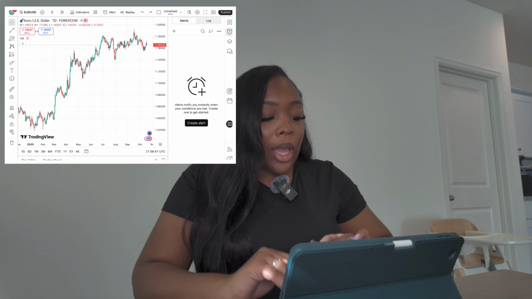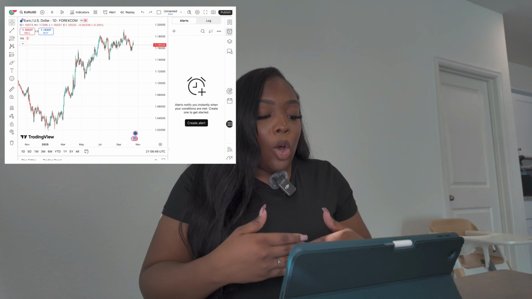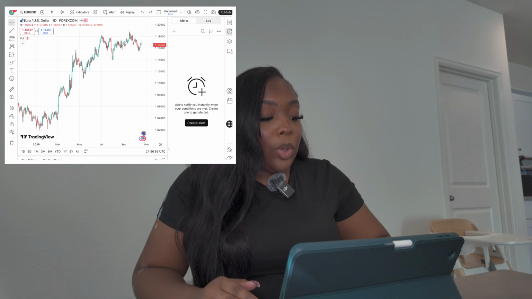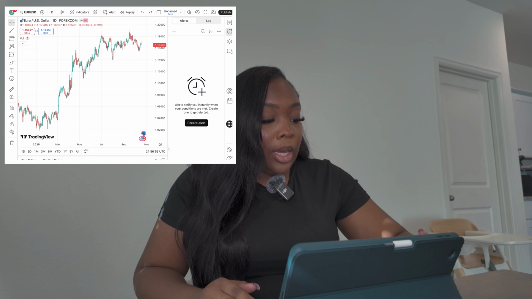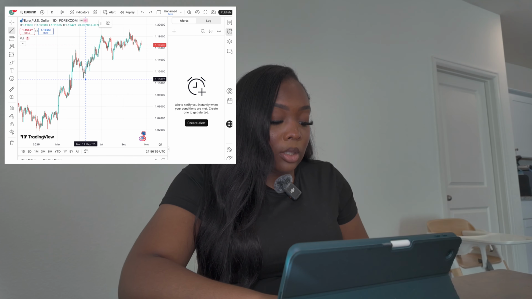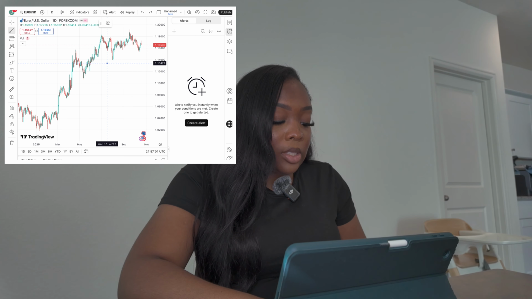Now, I'm going to show you guys how you can identify the market structure, right? I'm going to show you what an uptrend looks like and what a downtrend looks like. Basically, with an uptrend, I'm going to show you here with the trend line. An uptrend is literally this right here.